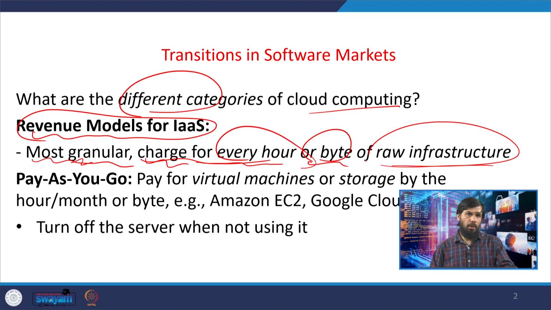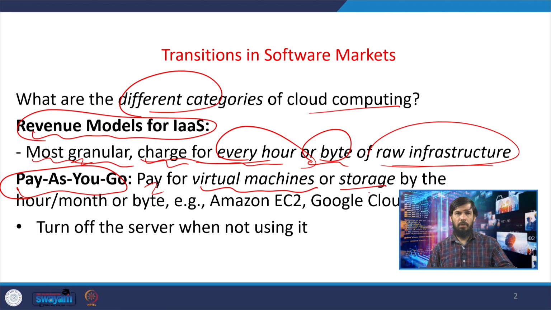So, the first model is pay as you go, right. What this model is about is paying for virtual machines or storage. So, it could be anything, but more often than not, when we say virtual machine, RAM or memory would be part of that.